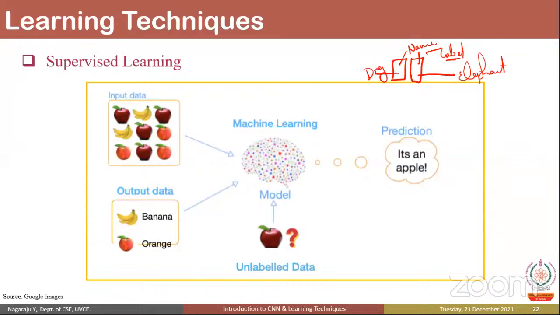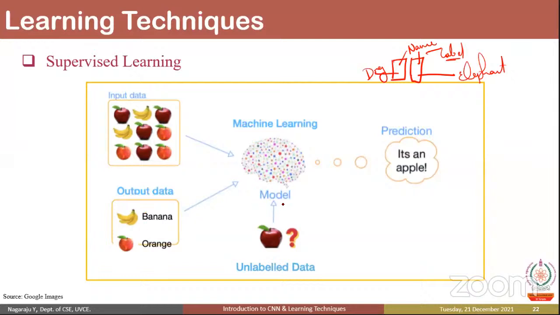So this is the idea behind supervised learning. We give input data as well as the labels, and we train the model using these two. The model learns the features out of the given input, matches them with the labels, and fine-tunes.